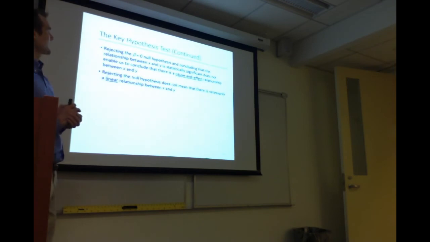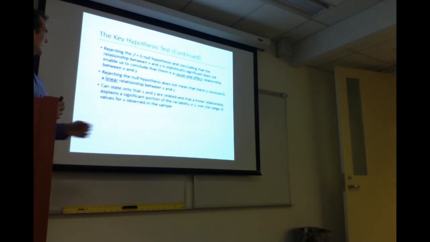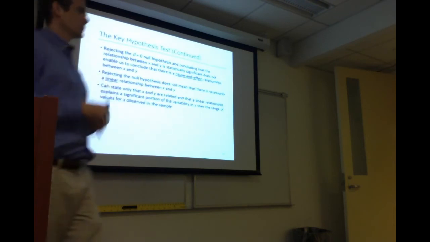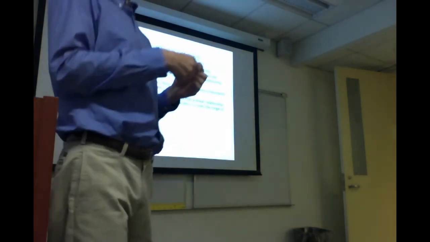Rejecting the null does not mean there's necessarily a linear relationship. But it does mean that there's a linear relationship in the portion of the data that we sample, which tells us something significant. Outside of the data we sample, maybe the relationship is not a straight line.